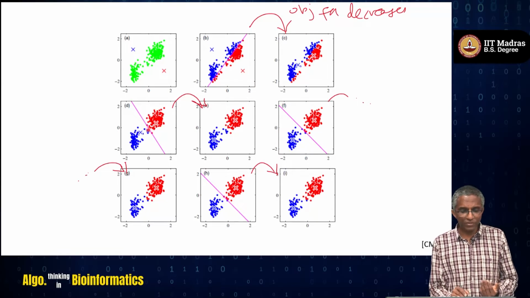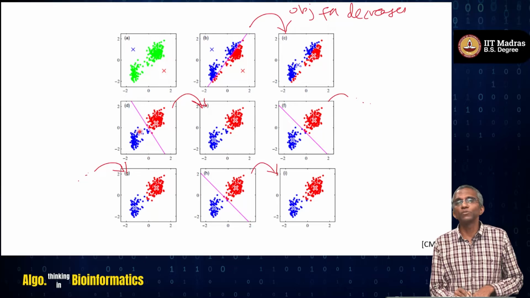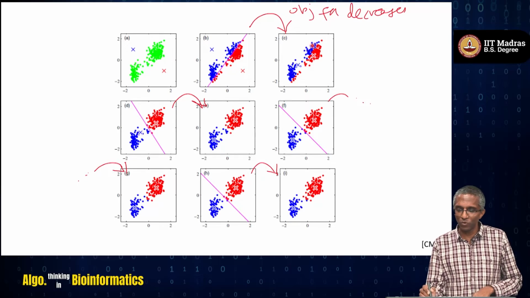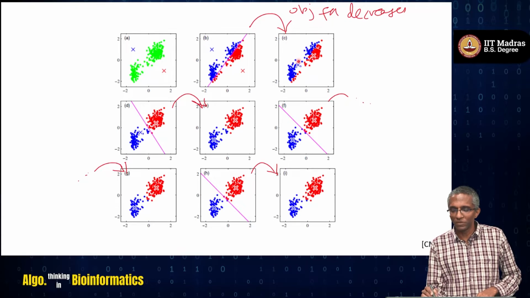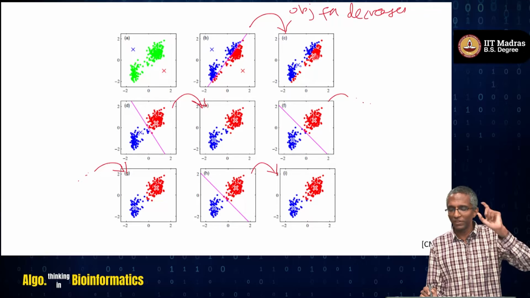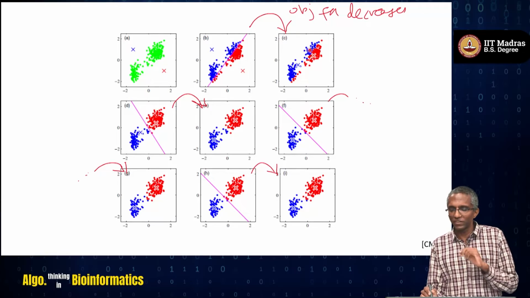In the assignment step also, it decreases. If you find that there are red points which are actually closer to the blue center, then you just reassign them to the blue center. Similarly, these blue points that were previously assigned to the blue center are now wrongly assigned, in the sense that according to the previous version it was okay, but with the updated center it is wrong.